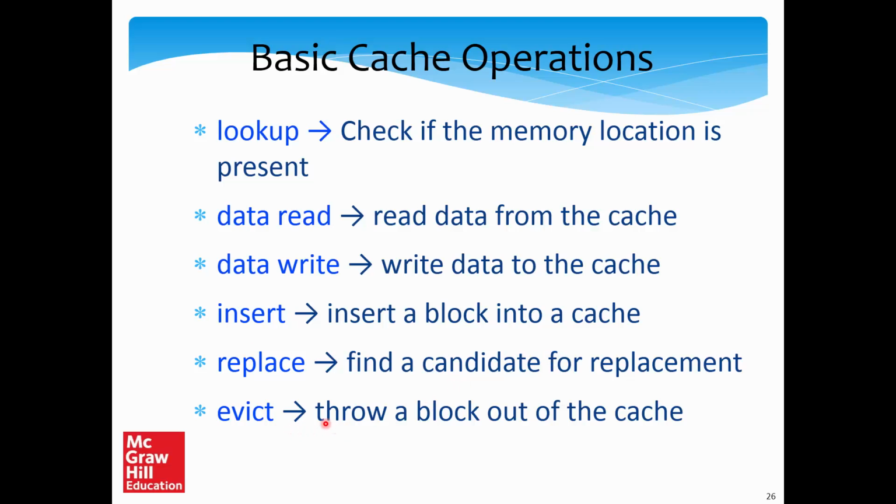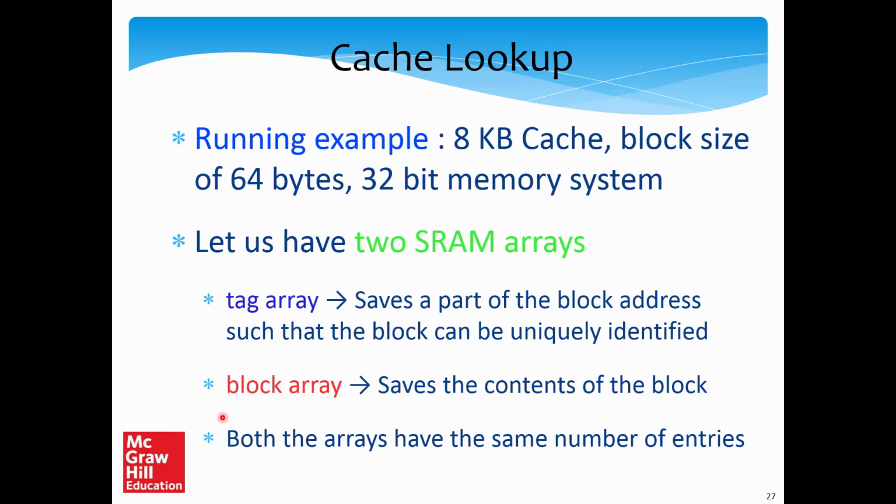Then we need to evict it, throw a block out of the cache, and insert the new block in its place. So these are our 6 basic operations: lookup, data read, data write. If there is a miss, we need to do insert, replace, evict. These 3 operations need to be done. We shall look at each of these operations in great detail now. So let's first define a running example.